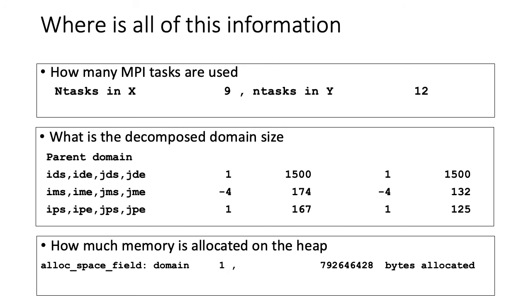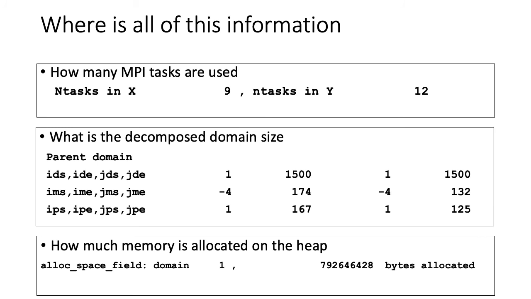So for decomposing a domain 1500 by 1500 into 108 pieces, our resultant domain size, our patch size, is going to be 167 by 125.